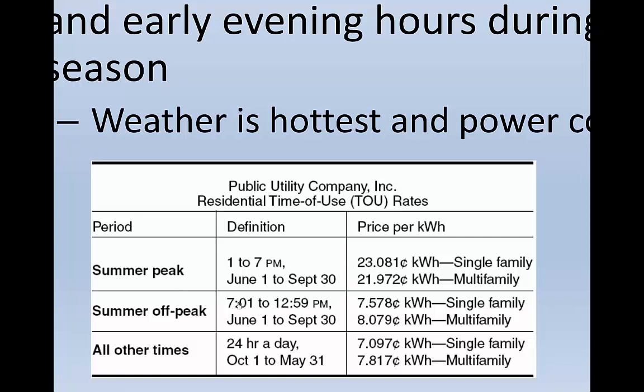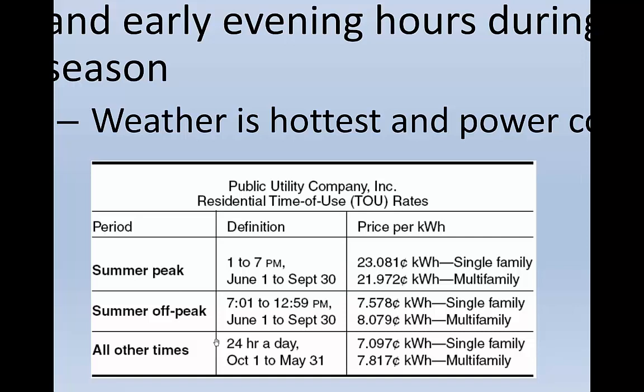But during the off-peak hours of 7 p.m. all the way up until just before 1 p.m. the next day, they're only charging about 7.5 cents per kilowatt hour. That's a heck of a difference. That's 3 times difference what we're paying during the hottest part of the day. Kind of gives you an idea to why we would do something like load shifting. And then during the remainder of the year, we're only going to be paying about 7.1 cents per kilowatt hour, which is still cheaper than any of the other times during the year.